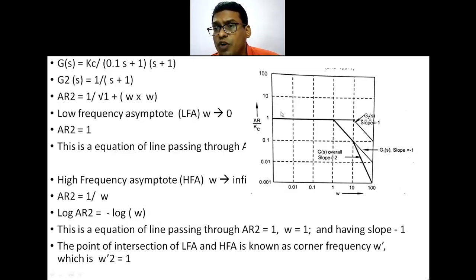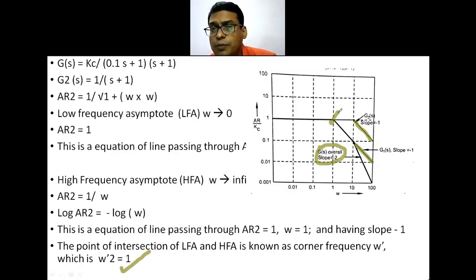This is the resultant overall slope that will be there, because with one transfer function this is the minus 1 slope, and with another transfer function this is the slope. So for this, omega 2 comes as 1, the corner frequency. So this is my one corner frequency.